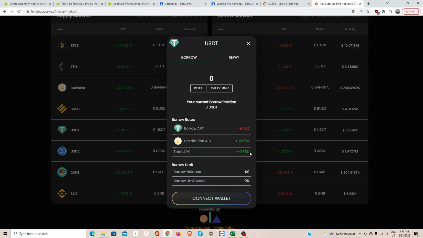And this gives you a net profit of 0.66%, meaning that you would earn money for borrowing. So beware of that for these tokens, because this is very bad for the token, in my opinion, because they're really inflating everything.